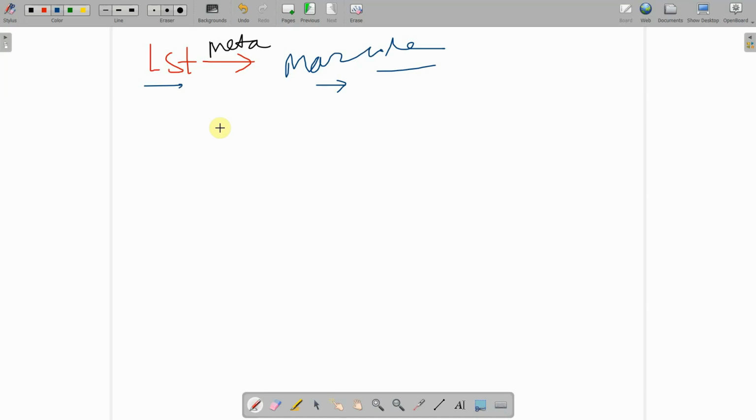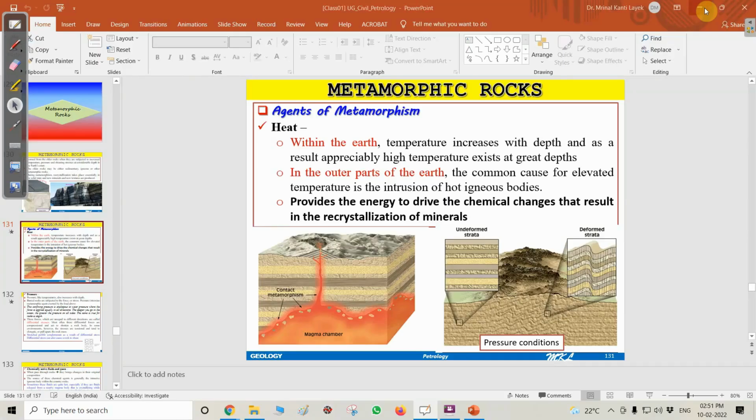Limestone is not. Limestone blocks were used for the pyramid building, the main brick-like structure of any pyramid in Egypt. So its entire grain arrangement and structure changes, and these changes happen because of two agents.